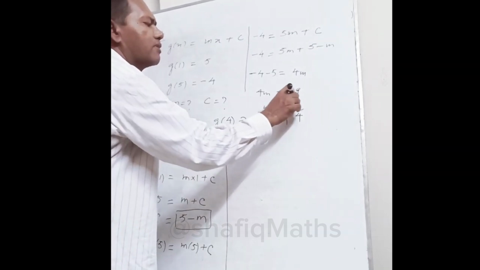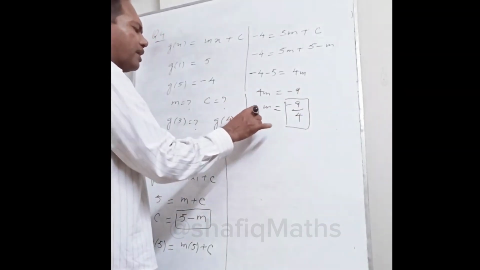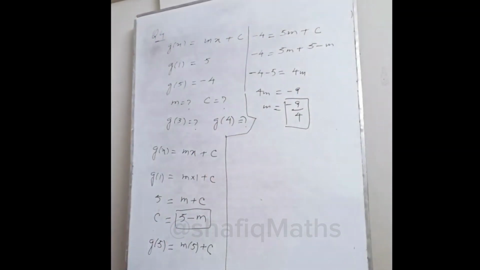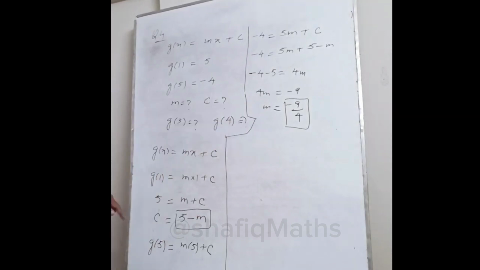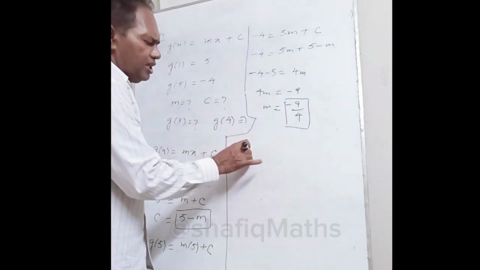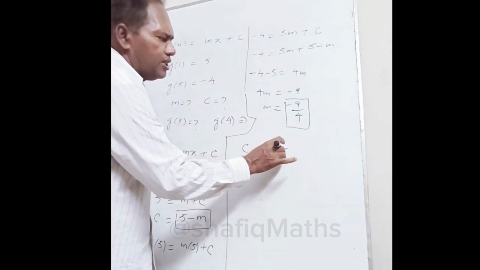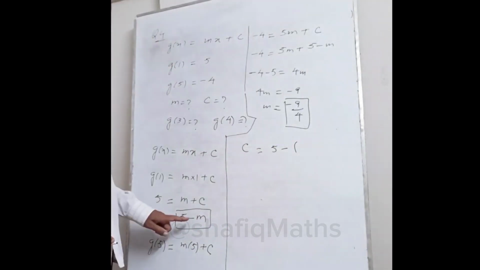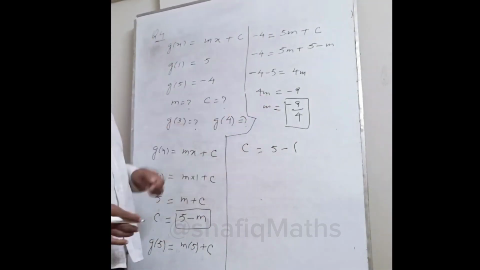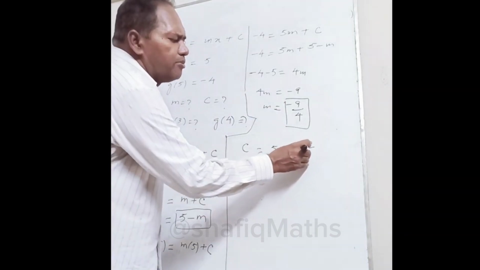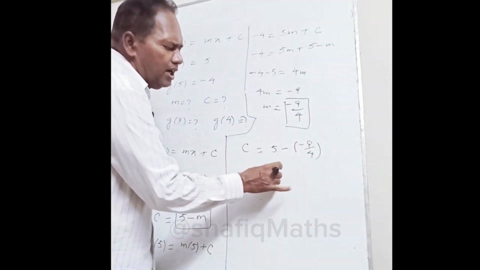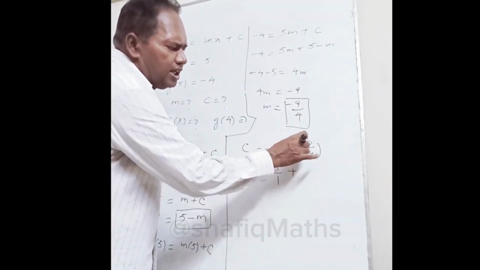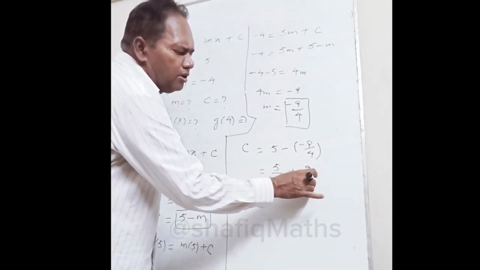This is the value of m. Now we will find the value of c. For this purpose, we will substitute the value of m in this equation. Therefore, c = 5 − m. The value of m is −9/4, so minus minus plus: 5/1 + 9/4.